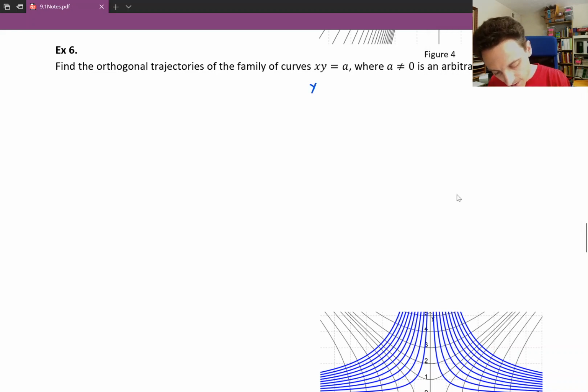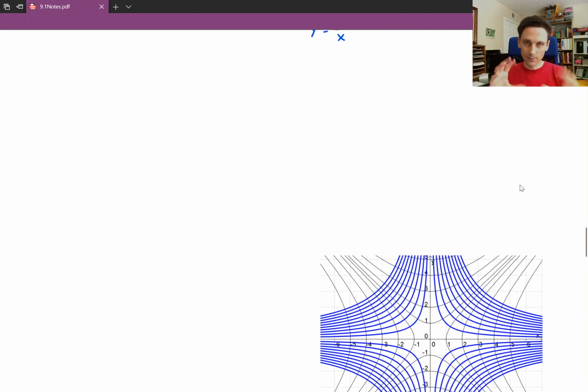If you solve for y in terms of x, you get y = a/x. So it's that family of curves. Those are actually hyperbolas. We don't normally think about them as hyperbolas, but they're like rotated hyperbolas from what we normally think. But those are the blue curves. Those are the blue curves in figure 5. The thick blue curves.